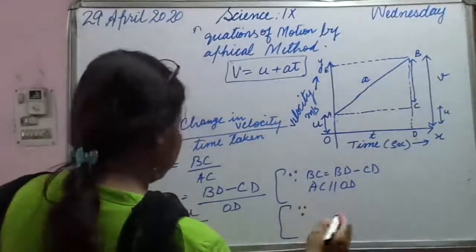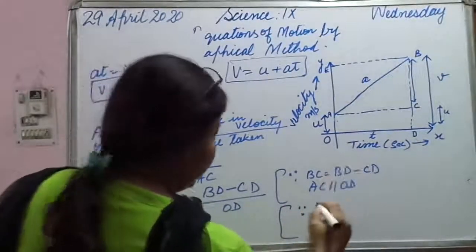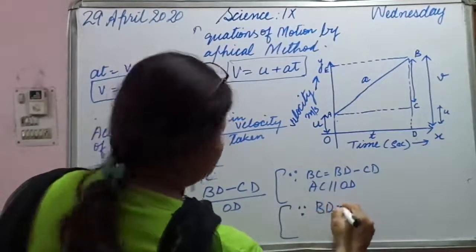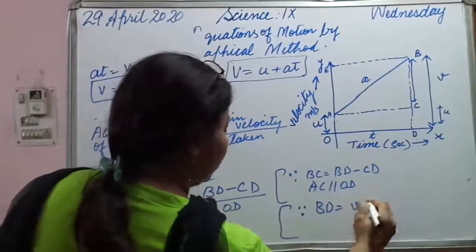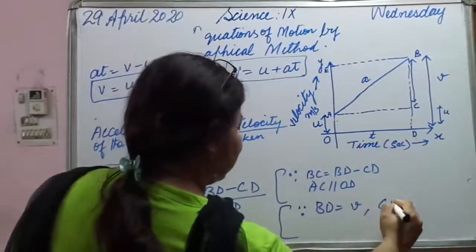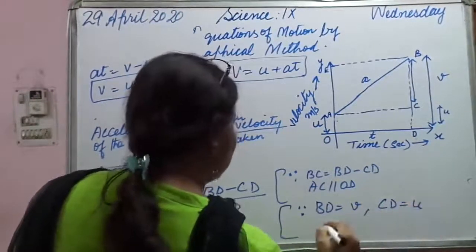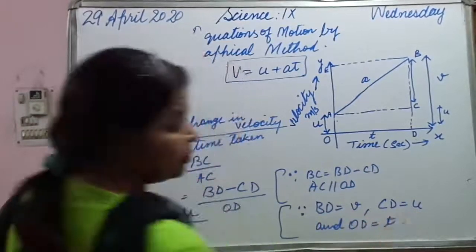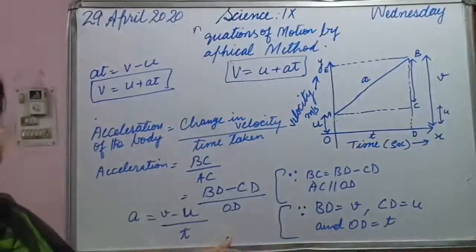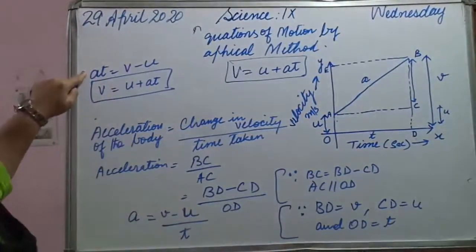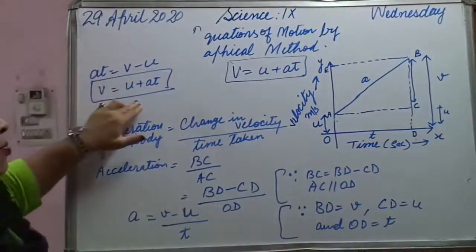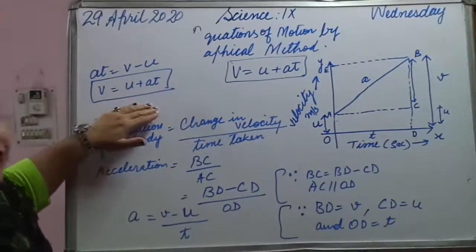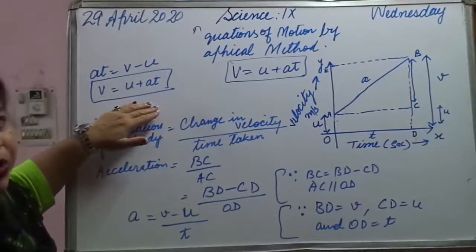Since BD is equal to V, CD is equal to U and OD is equal to T, these values we have put here. Now we are manipulating it, cross multiplying and arranging, so this is our first equation of motion.